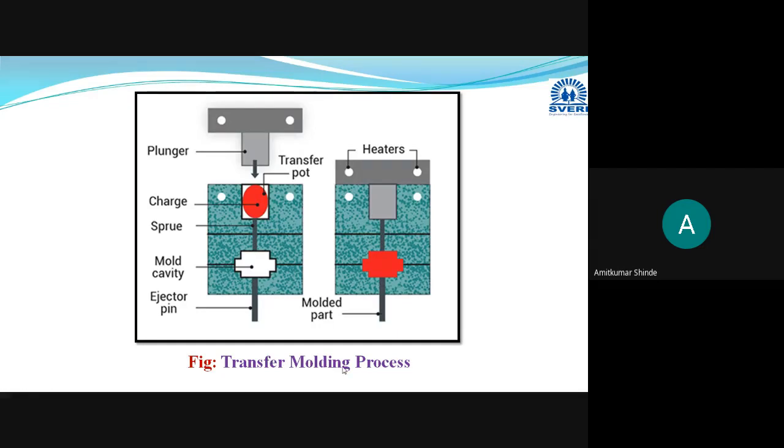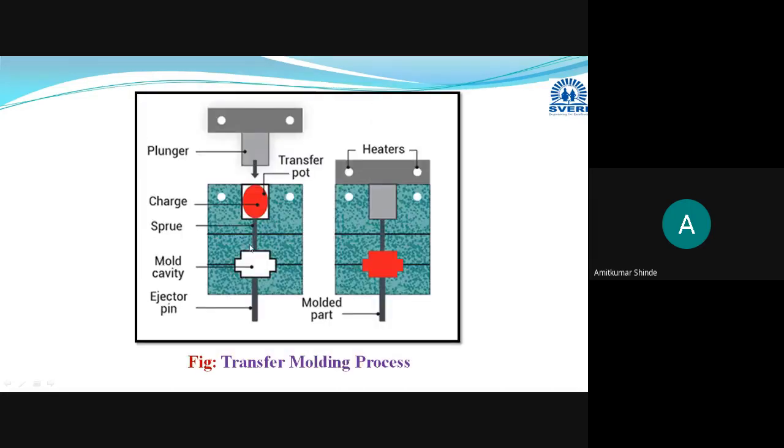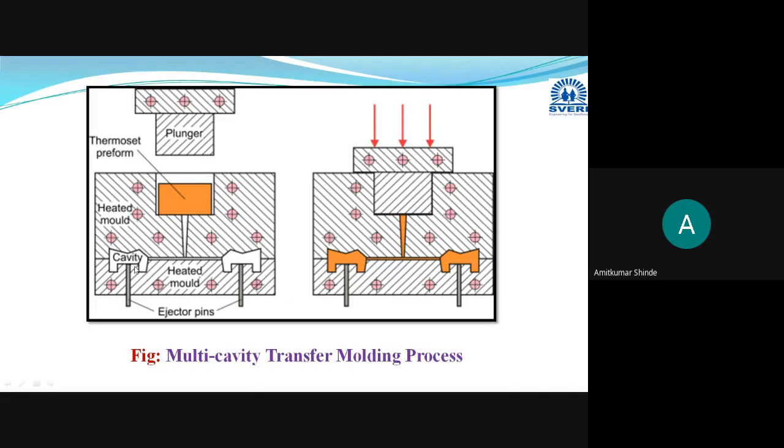In this transfer molding process, you can use a number of cavities, which means multi-cavity transfer molding can also be performed. Here in this diagram, this is single cavity transfer molding. In this diagram you can clearly see this is two cavity, or you can say multi-cavity.